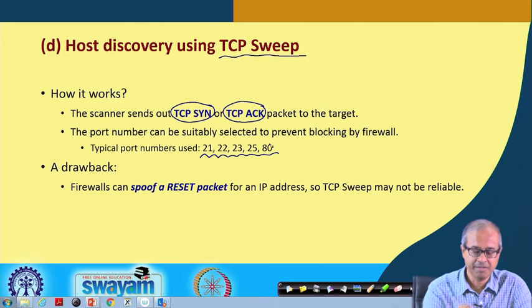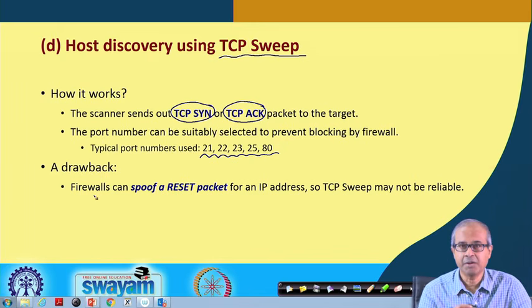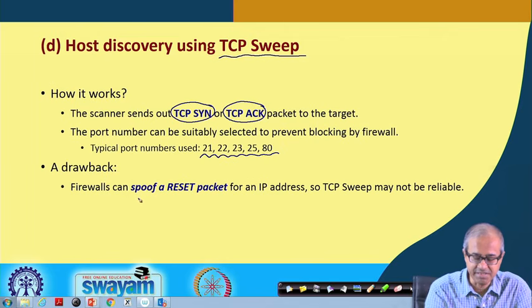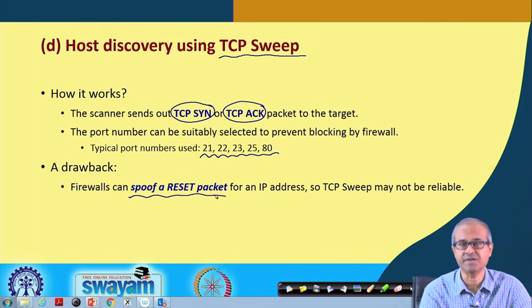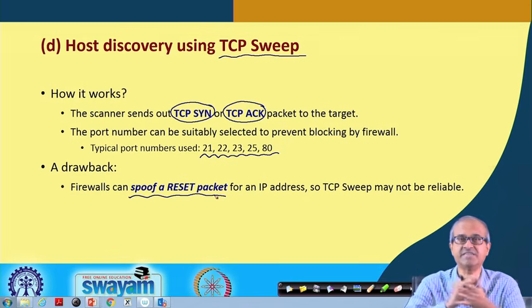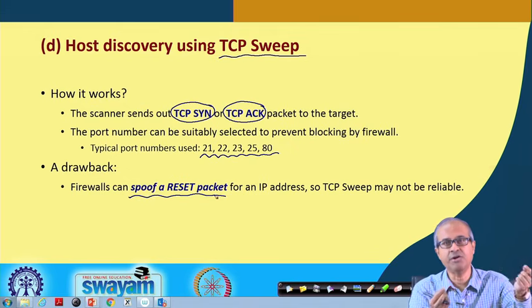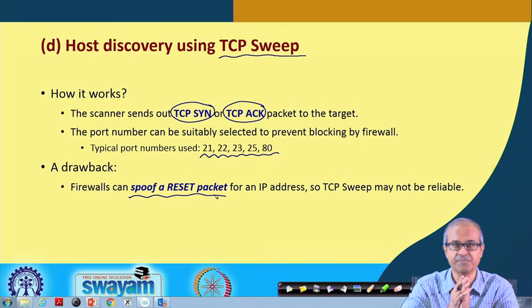But the drawback is that firewalls can again block this kind of thing. That means it can change the IP address, spoof a reset packet for an IP address. For some particular IP address, if you send a connection request, the firewall can reset the connection, because I can set my firewall in such a way that I will not allow any incoming request to some particular host.